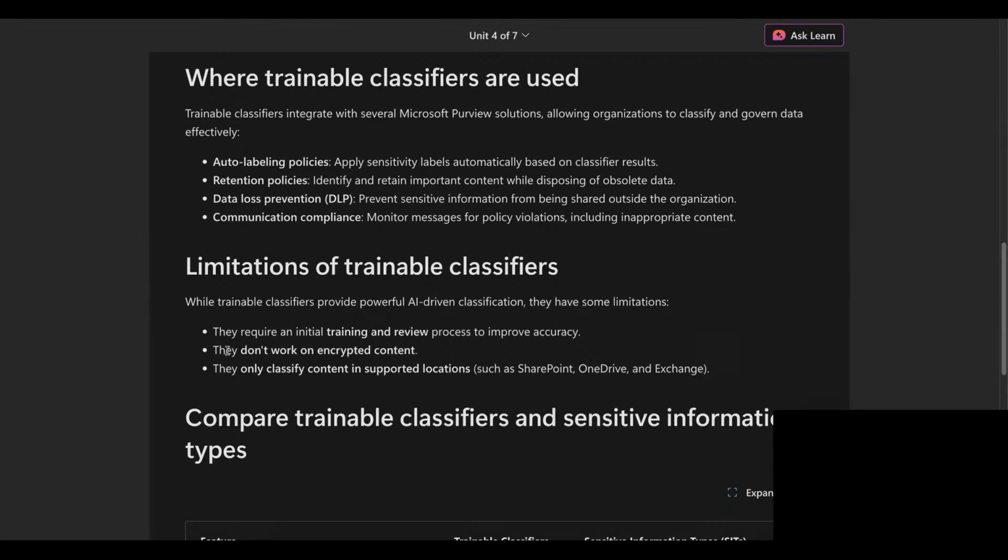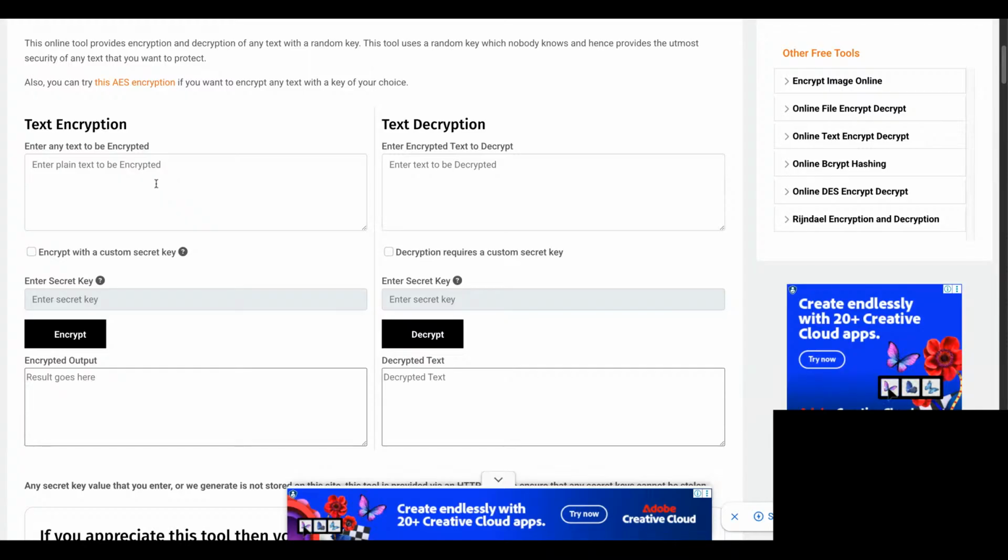So one negative is that it doesn't work on encrypted content. For those of you who did A+ or N+, you understand what encryption is. If I can open a tab here, you can understand what encryption is. Encryption is just hiding data so that it doesn't get to unauthorized people, or in case they get hold of it, they don't get to see the message that you are sharing.